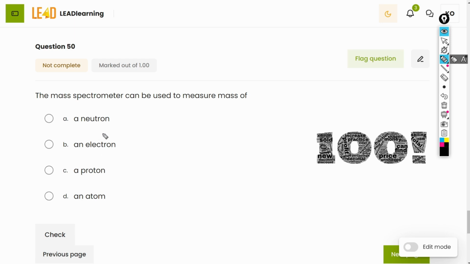So the mass spectrometer is primarily used to measure the mass of an atom by factoring in the protons, the electrons and the neutrons. So what is encompassing here, what covers everything here, is the atom. So we'll pick the atom as our answer.